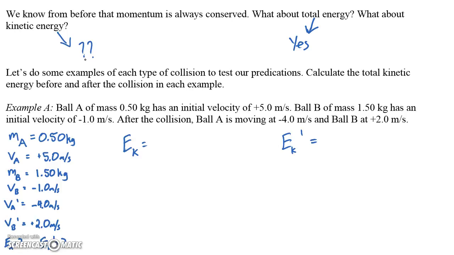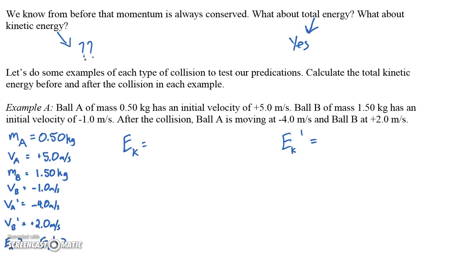So they're moving in opposite directions to each other, but they collide. And then ball A is moving -4 meters per second, and ball B is moving 2 meters per second in this example. So what we have to do is calculate the total kinetic energy beforehand.